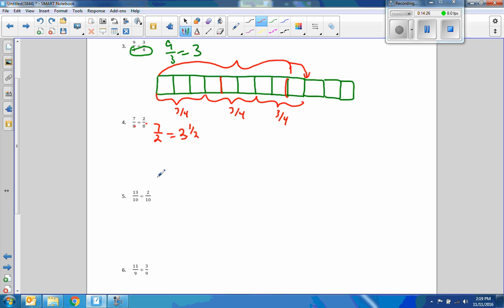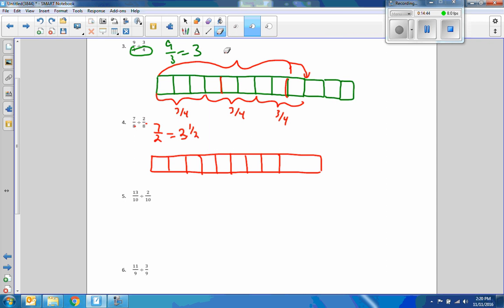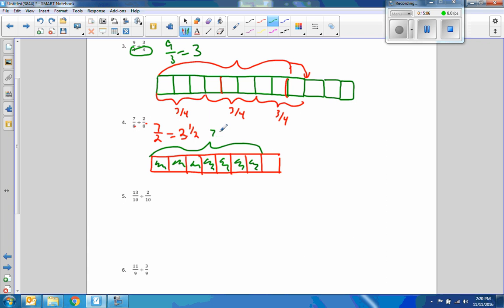Now if I make a tape diagram, 8ths, that means I want 8 squares. 1, 2, 3, 4, 5, 6, 7, 8. There's my 8 squares. I want to shade 7 of them. Okay, so this is 7/8.